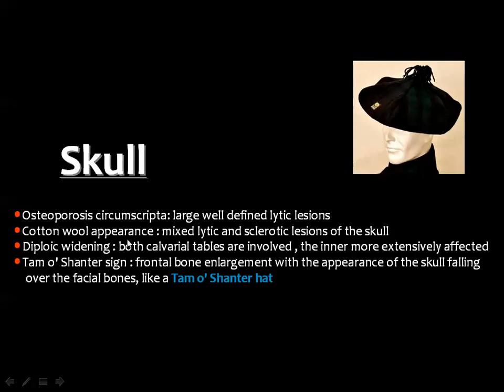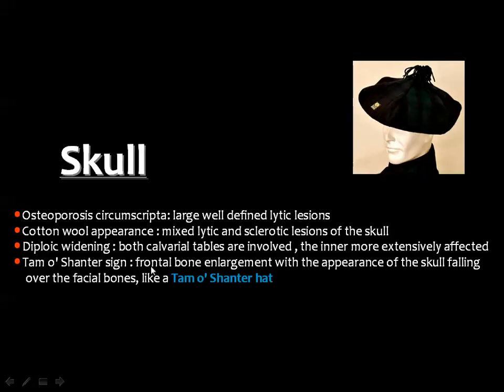Then there is the cotton wool appearance, which is the combination of lytic and sclerotic lesions of the skull, and the diploic space widening, where the space between the inner and outer table is widened and extensively affected.